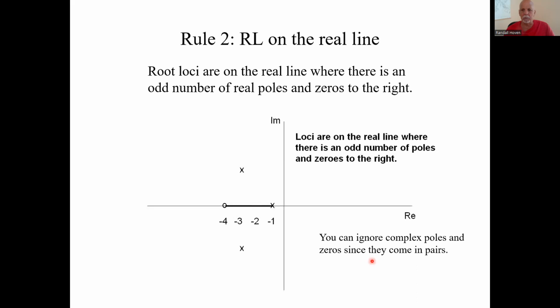So you can ignore them since they come in pairs. It won't change whether the count is even or odd. So still on the real line. Finally, we get to here and we've got a total of 4. Even if we ignore the complex, we've got a total of 2. That's an even number. None over here, and you can keep going forever and you encounter no more poles or zeros. So the root loci on the real line are just here between this zero and this pole. That's rule 2.